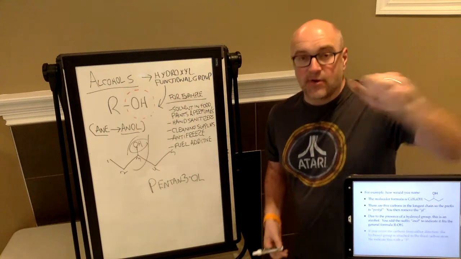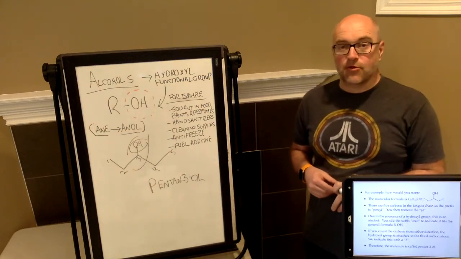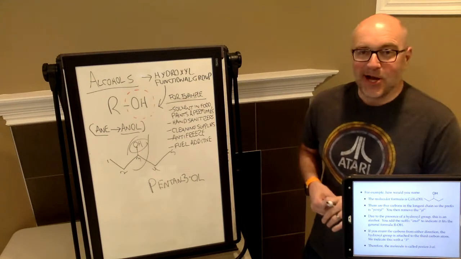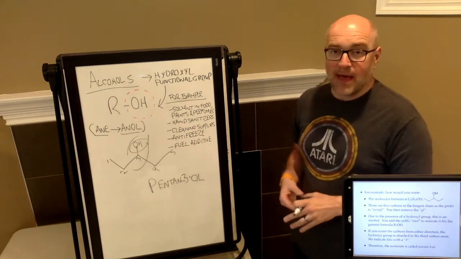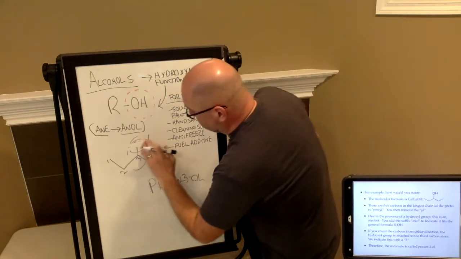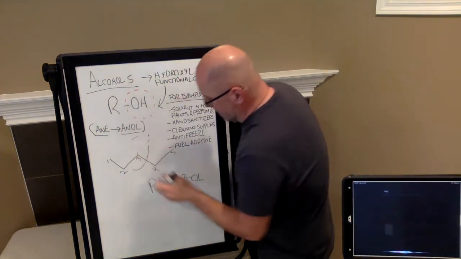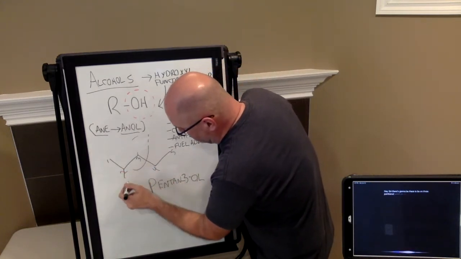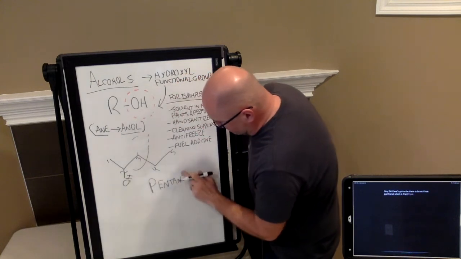Everything I've just discussed there is on that slide. You can check through the notes there just to make sure that I didn't trick you, but that's pretty much how you would name that one. You can't just call it pentanol, because in theory there could be 3-pentanol, which is that. If I put that hydroxyl group here, that's going to be a different structure.